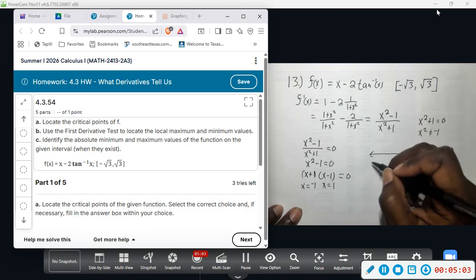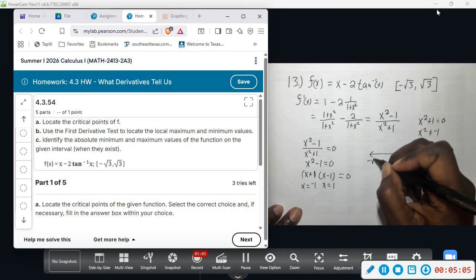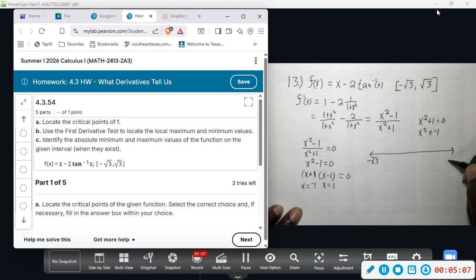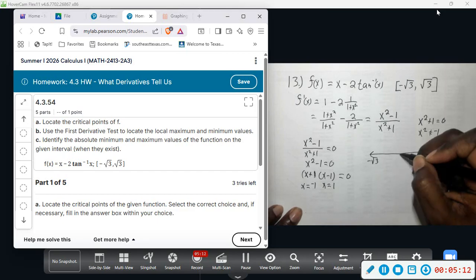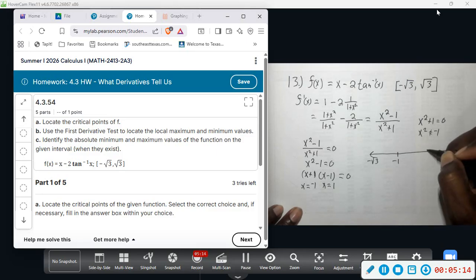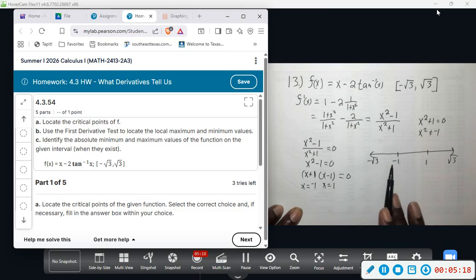This is between negative square root of 3 and positive square root of 3, our limits. So we'll have a negative 1 and a positive 1. And so we will test a number between here, between 1 and 0, and between these two.